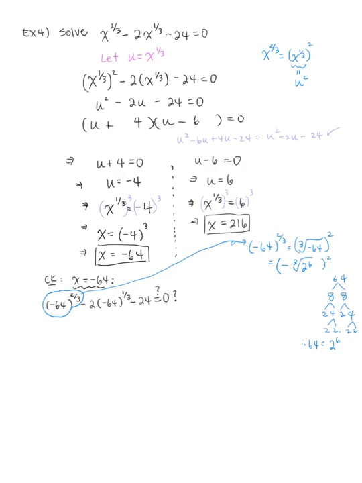Let me work this step by step. Cube root of 2 to the 6 can be rewritten as 2 to the 6 over 3. Remember, bottom is the root, top is the power, and then the whole thing squared. So we have negative 2 to the second power, to the second power.